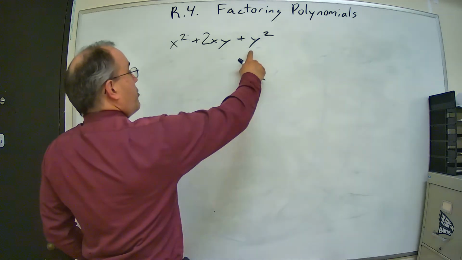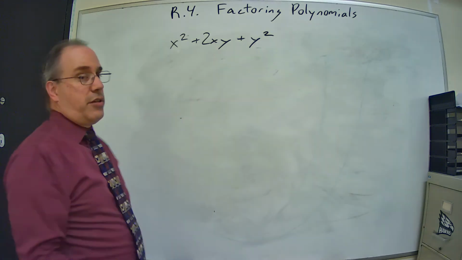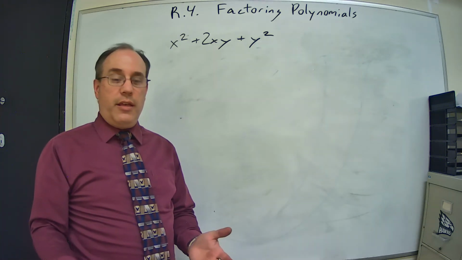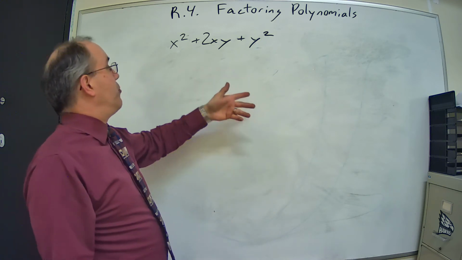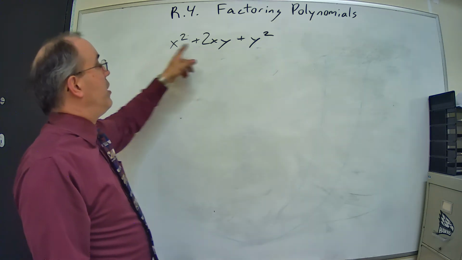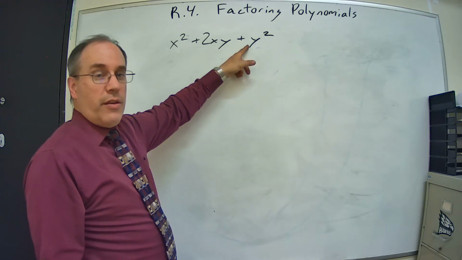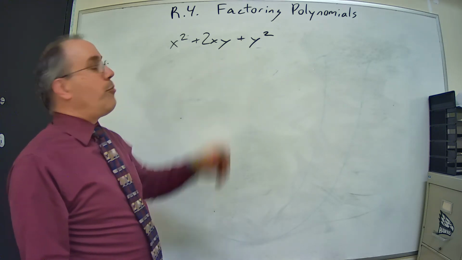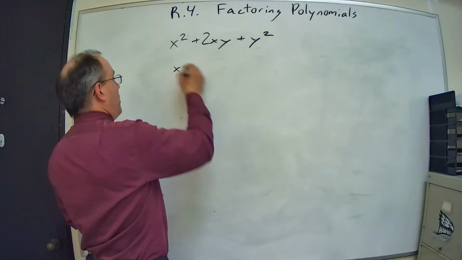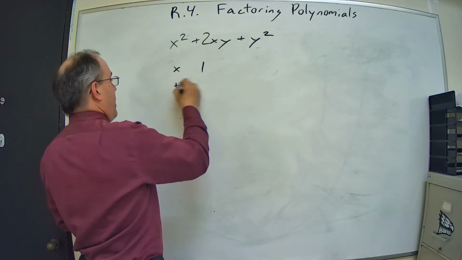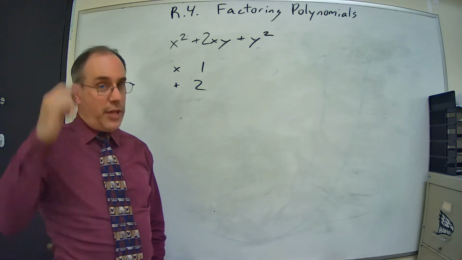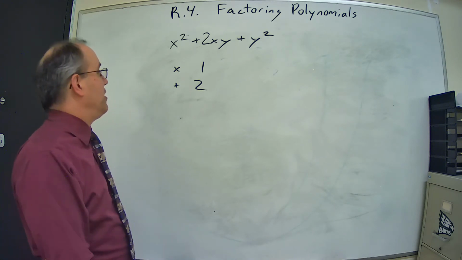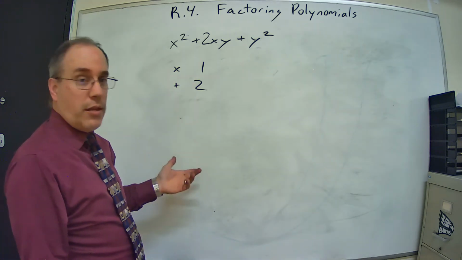But the first thing we can do is treat this just like factoring by grouping. We can still say, well, that's a 1, that's a 1, right? So we're looking for two numbers that multiply to 1 and add to 2. That may take you a little time to think through, but obviously that's 1 and 1.